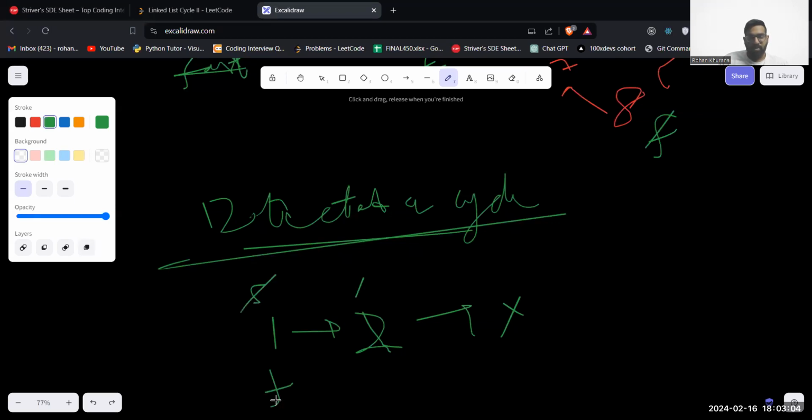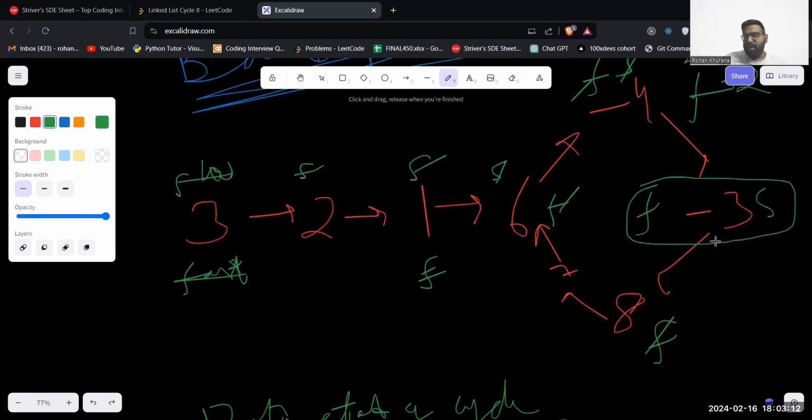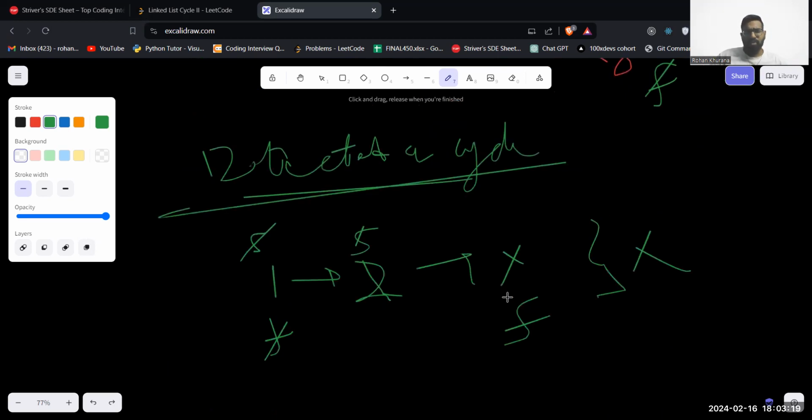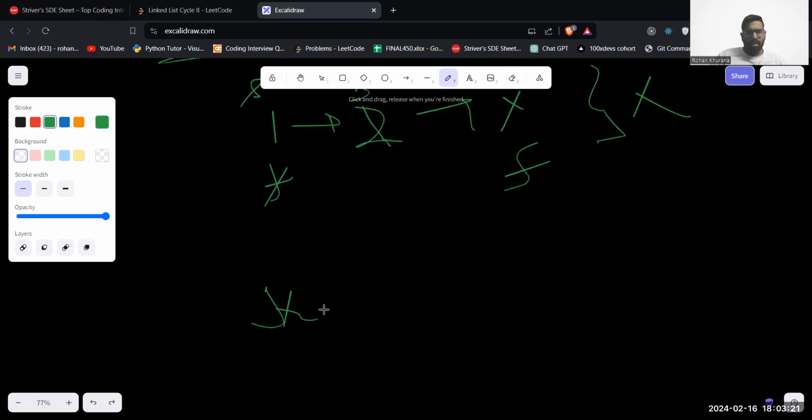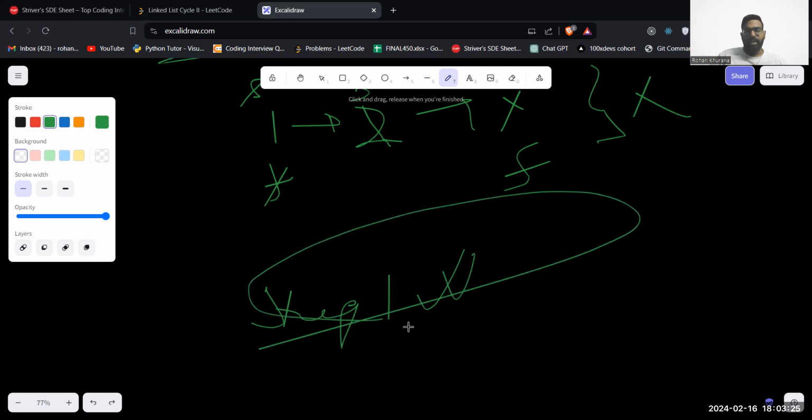Slow would have moved by 1 and fast would have been 2, equal to null. So that means cycle is not present, right? But here we could find that, hey, cycle is present because slow and fast are meeting at the same point. That is why we can say that step 1 is done.